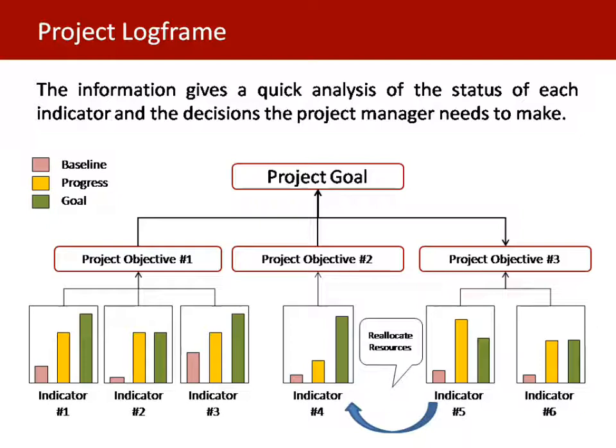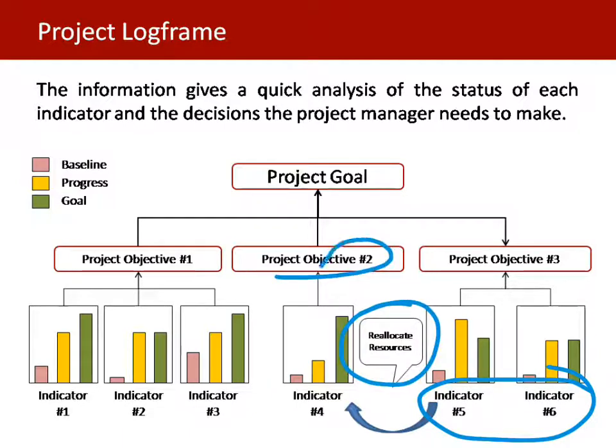The project manager can look at what resources are still available on project objective 3 that maybe can be reallocated to objective number 2 so they can work on that specific problem. That level of decision is very graphical and helps the project focus on what is immediate and what needs attention.